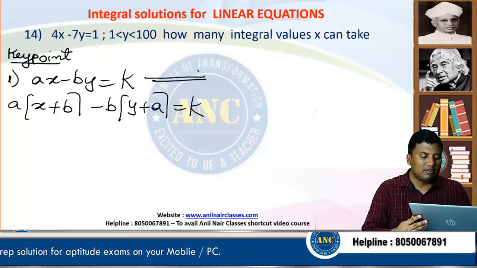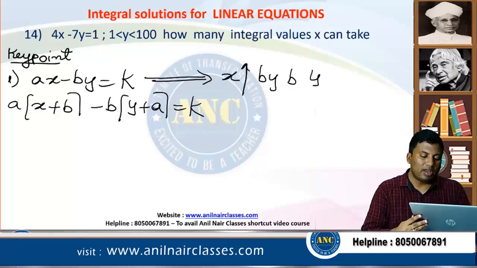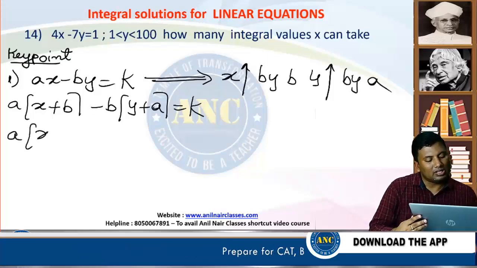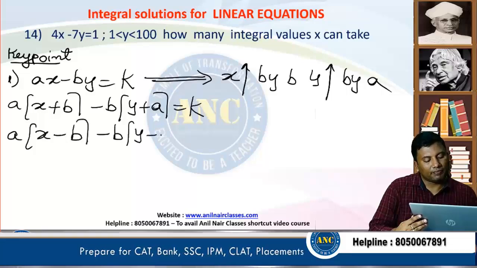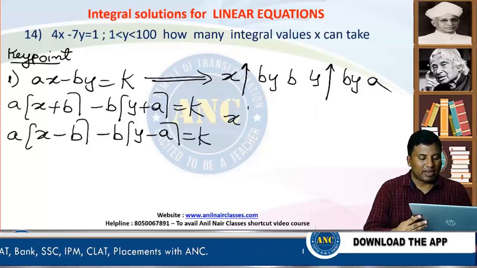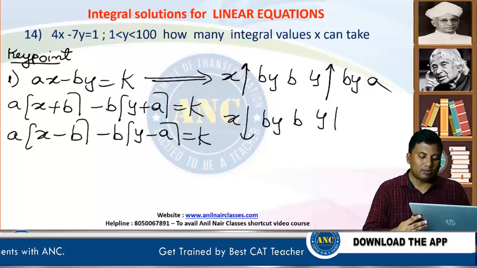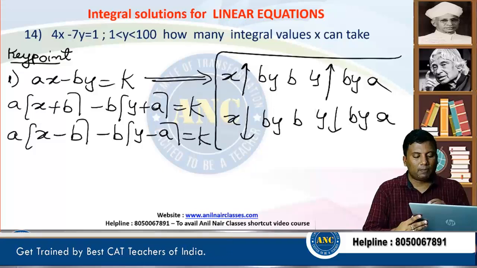That means if X increases by B, Y will also increase by A. If X decreases by B, Y will also decrease by A. Minus AB plus AB.